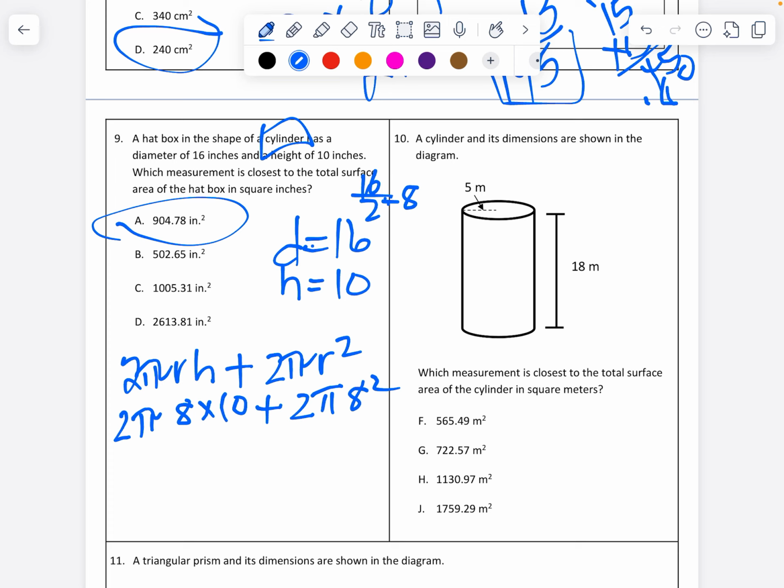Number 10. Cylinder has the dimensions shown, a radius of 5 and a height of 18. Which measures closest to the total surface area? So again, we have radius 5, height 18. We're using the same formula that we just used.